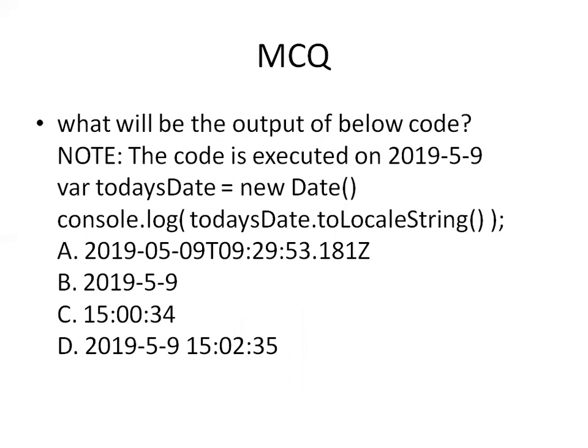So we can conclude option D is the correct answer. So 2019 is the year, 5 is the month and 9 is the day, and 15 is the hour, 2 is the minute, 35 is the second, because this code is executed on 2019-5-9.